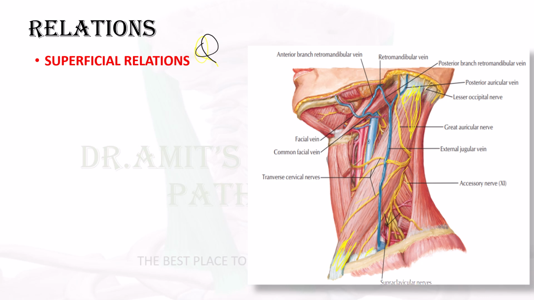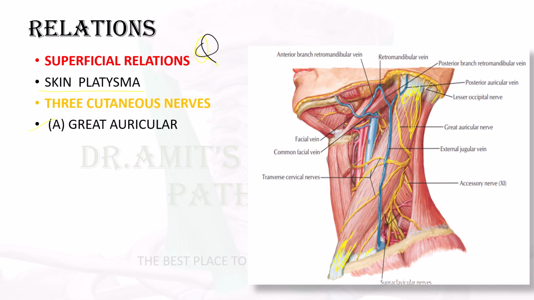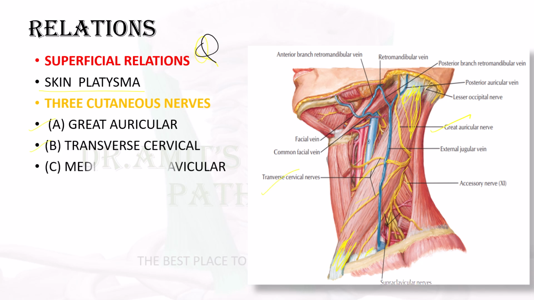So here we have first of all skin and platysma, then the cutaneous nerves. These are the greater auricular nerve, then we have the transverse cervical nerve and the medial supraclavicular nerve. These are the major nerves which are present anterior to this muscle, superficial to this muscle. Then lesser occipital nerve.